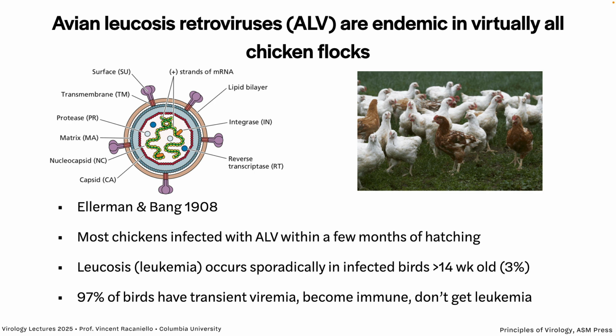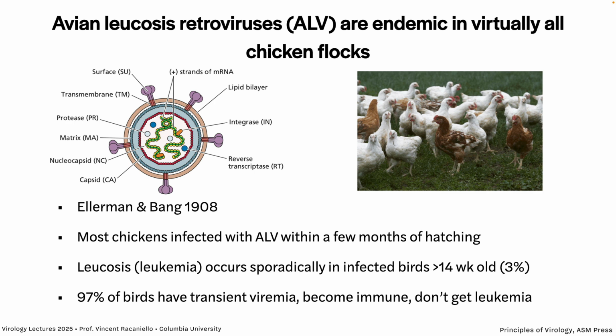This virus, avian leukosis virus, infects virtually every chicken on the planet. You're worried about H5N1? We don't actually have to worry about this, but it is in every chicken. And most of the chickens get infected after hatching. They get it from other chickens in the flock.